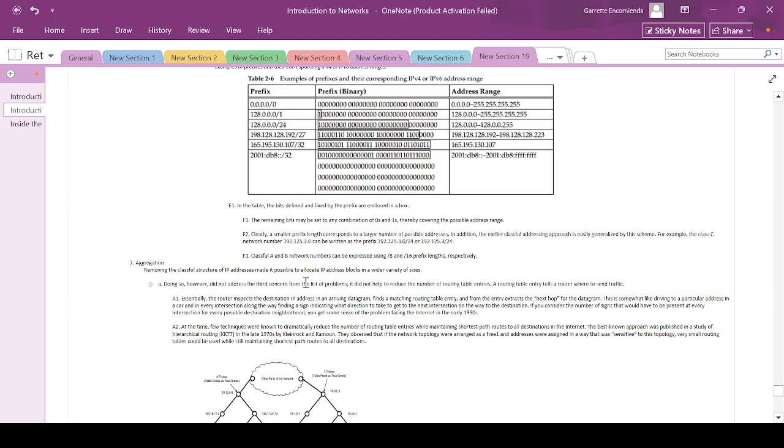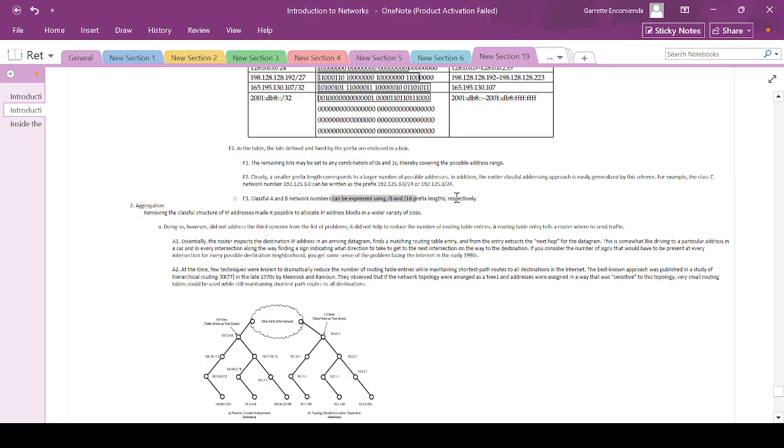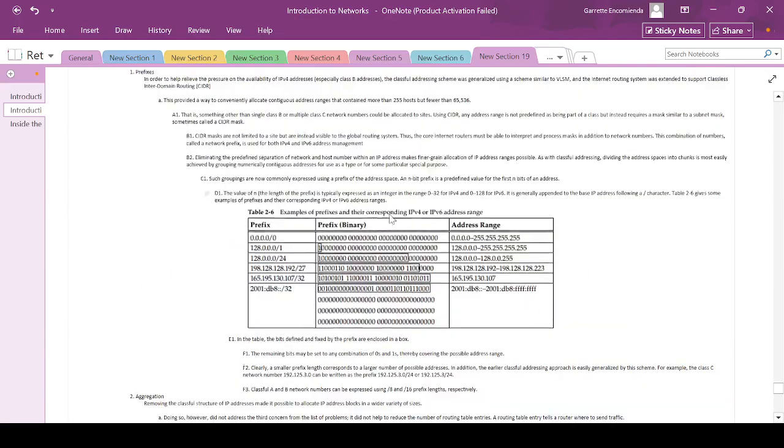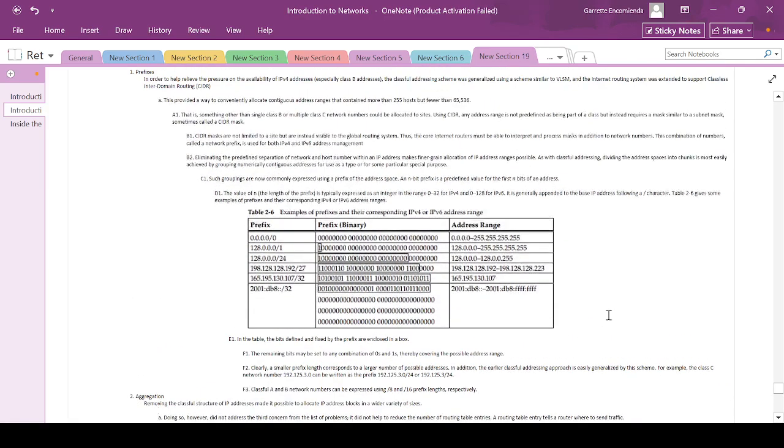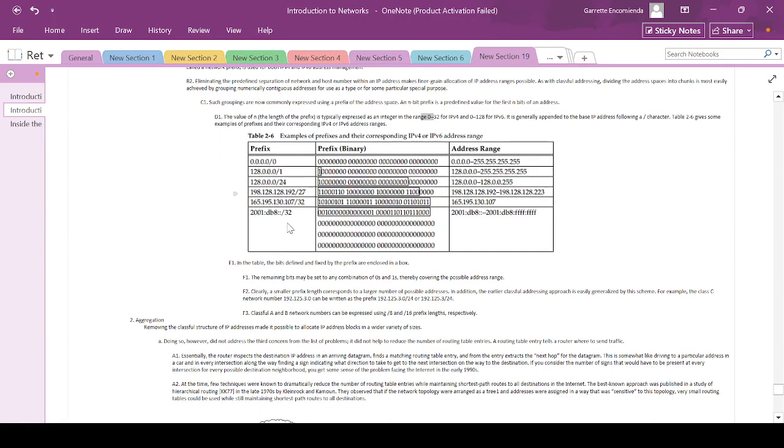Class A and B network numbers can be expressed using /8 and /16 prefix lengths respectively. Those are expressed as integers in the range of 0 to 32 because the max is 32.